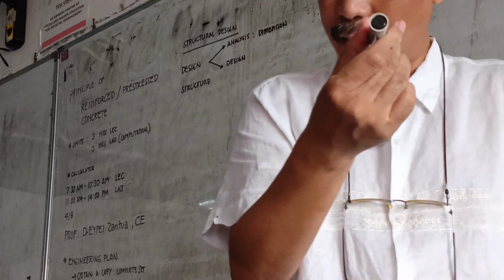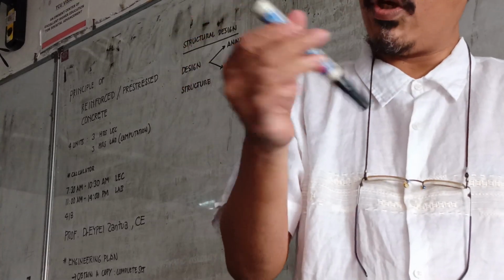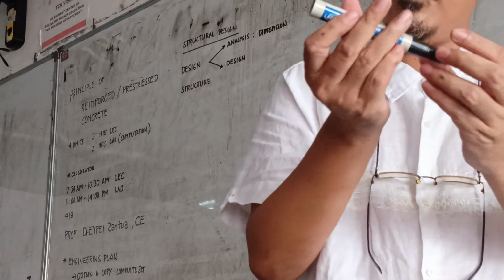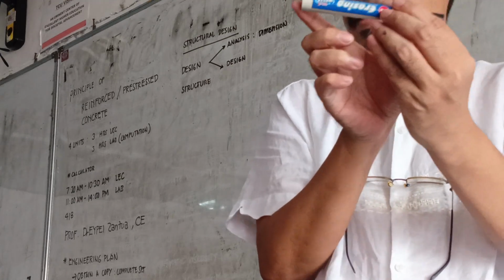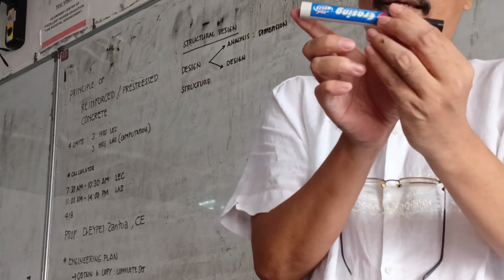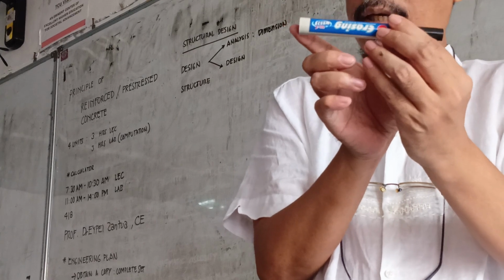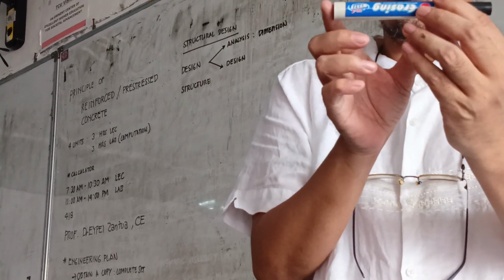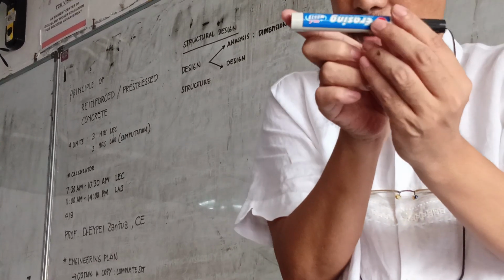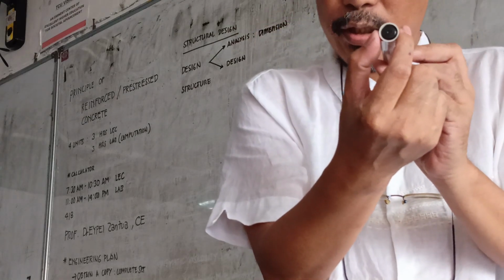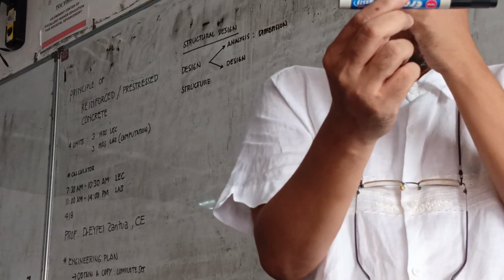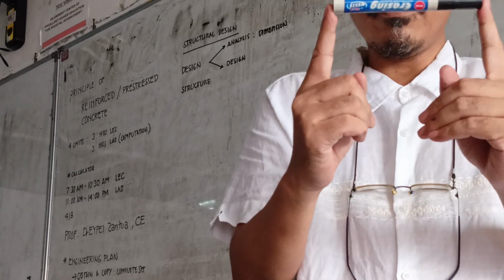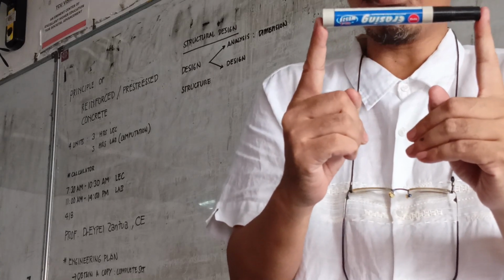For example, the diameter is about 20 mm, and the length is about 12 centimeters, not 12 inches, 12 centimeters, and then 20 mm diameter. Can this beam withstand 3 kilos of load?